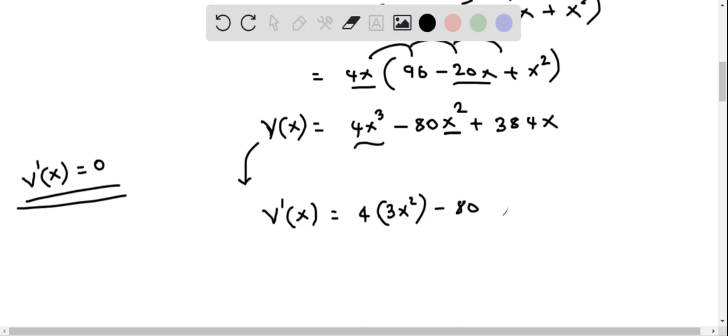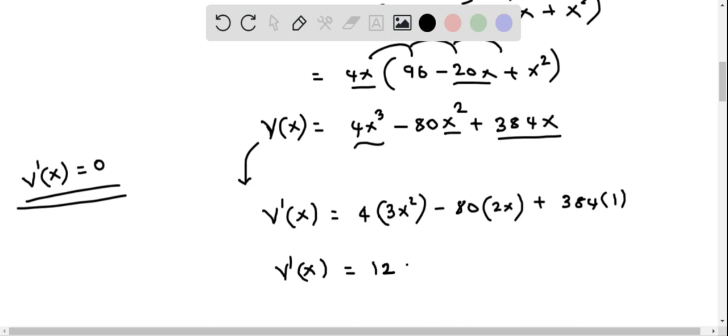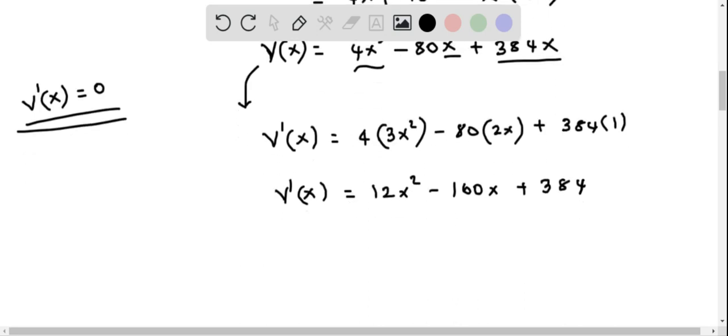So this one will be negative 80 times 2x. And then the derivative of 384x is 384 times 1. So we get the derivative function V prime of x equals 12x squared minus 160x plus 384. Now let's replace V prime of x by 0 and solve for x.